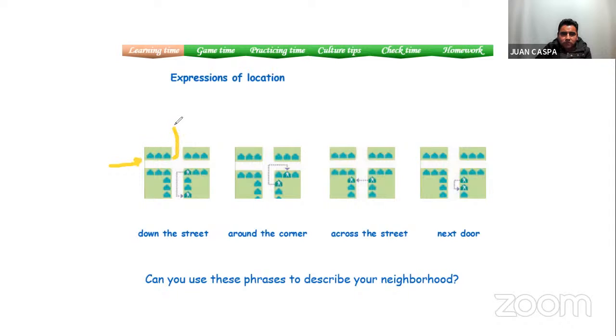Or turn, over here we can say turn left. Or turn right. Turn left, turn right, go straight. There are some blocks, 1 block, 2 blocks, 3, 4, something like that. Okay. Let's continue.